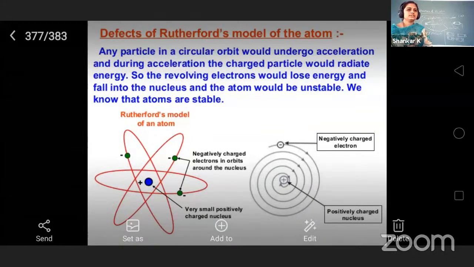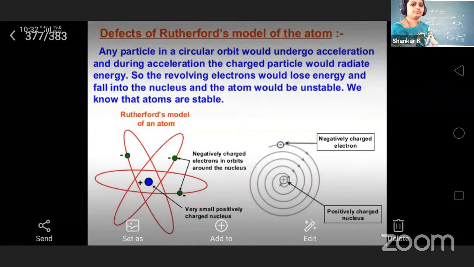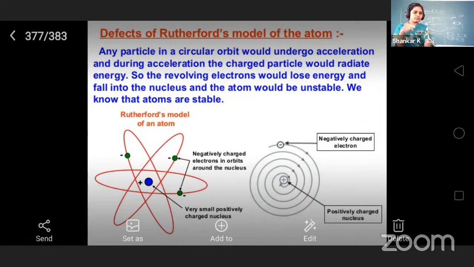You can see Rutherford's model of an atom: negatively charged electrons in orbits around the nucleus and a very small positively charged nucleus. The positive charge body is at the center of the atom.